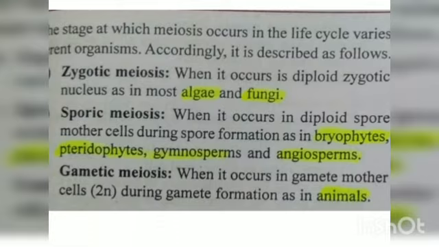During the formation of gametes, that gametic meiosis occurs in the higher developed animals, in all animals that reproduce sexually by forming gametes.